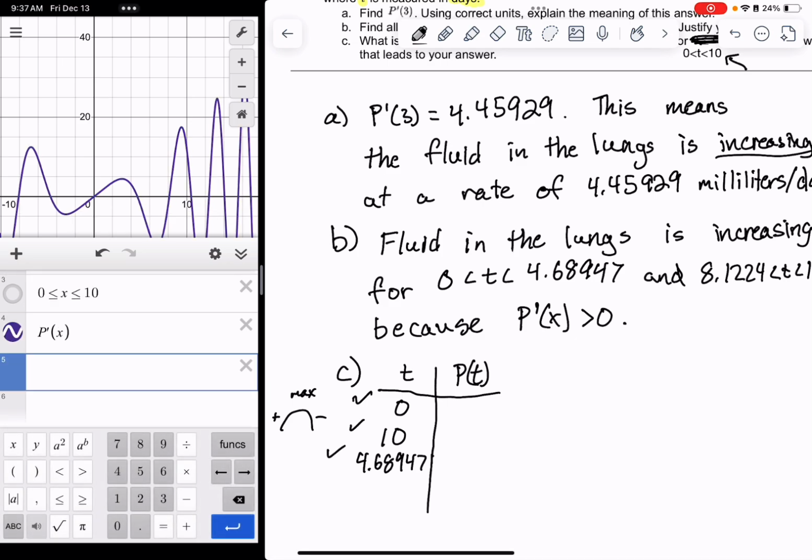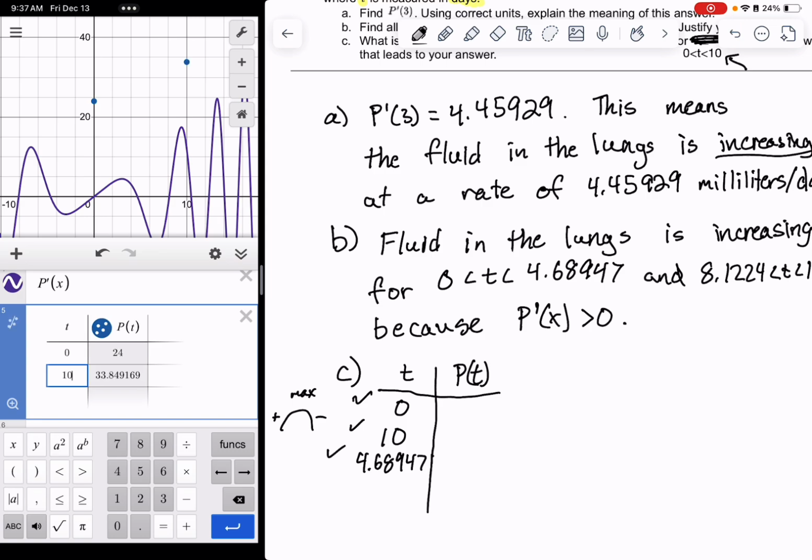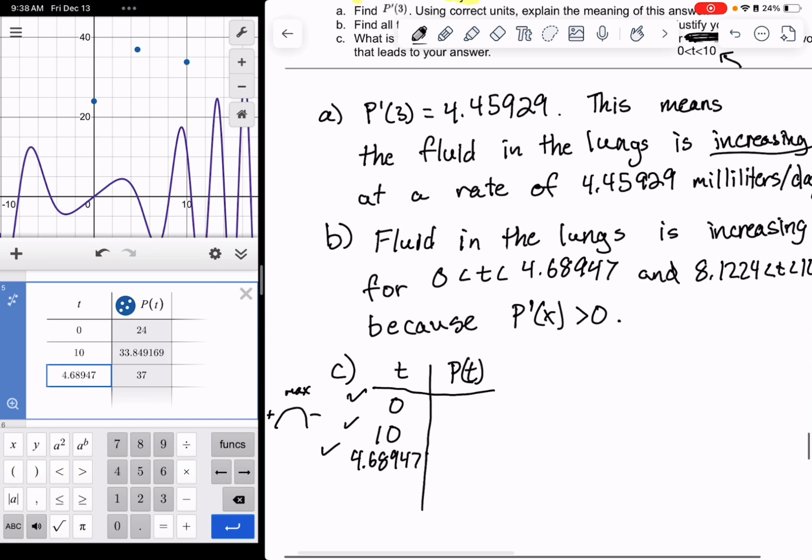I'm going to come over to my graph, add a table, and instead of x1, we'll call that t, and instead of y1, we'll call that p of t with our function notation. Then I just check each of these points, 0 and 10, and then that in between point, 4.68947.